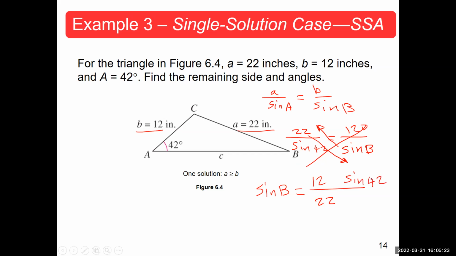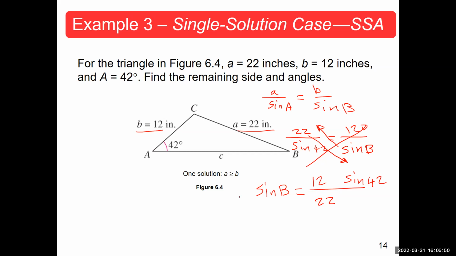You want to do cross product? If you're confused, go ahead and do that. But honestly, it's very easy to do this. Move diagonally. Just keep moving until you get what you want. So we're looking to isolate sine of B. And that's what we got now, sine of B. If we calculate, now this is the angle.